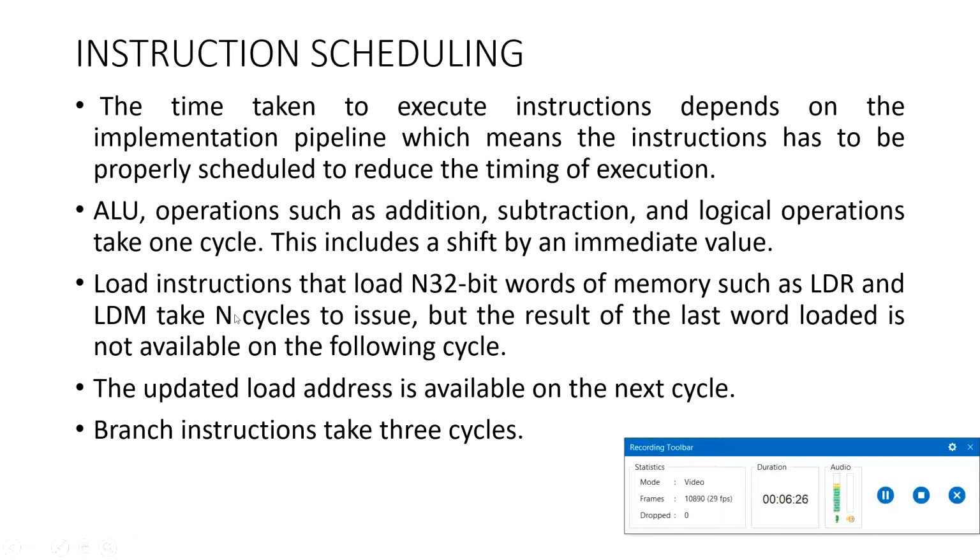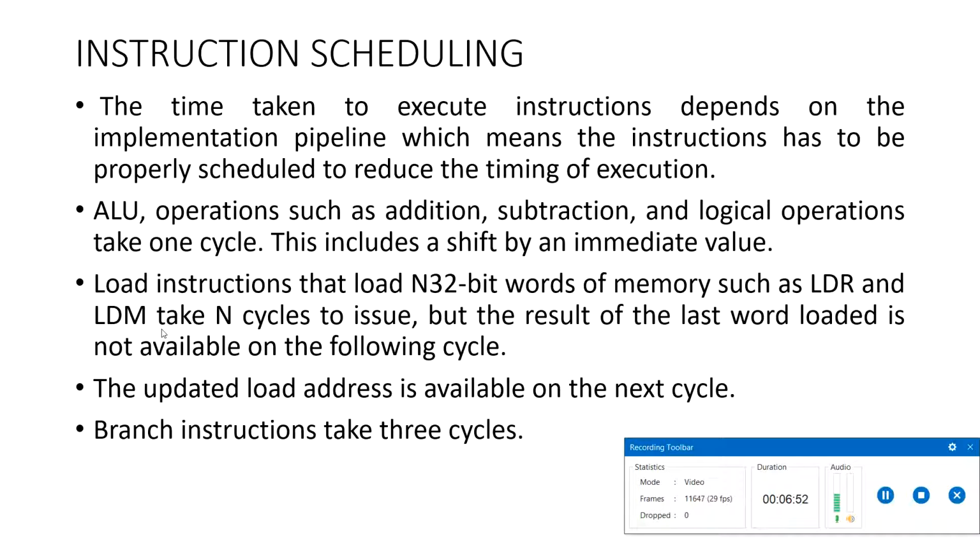Then there are load instructions that load 32-bit words, such as LDR and LDM, that take n cycles to issue, but the result of the last word loaded is not available on the following cycle. That means it depends on how many bits of data you are using. If you are loading 32-bit data into a register using LDR or using LDM, then it depends on the data.